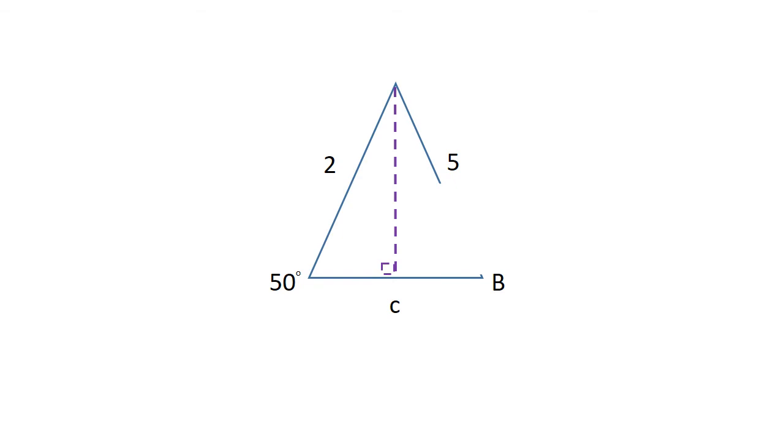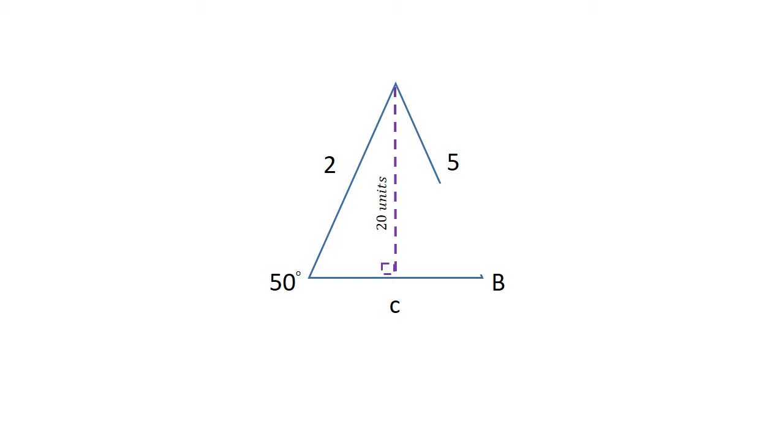That's super important to know, because of the height that you see, which is made by dropping a perpendicular line from that upper vertex down to the side measure C. If that is taller than measure 5, then I don't have a triangle. My triangle won't close, so it's important for me to check.